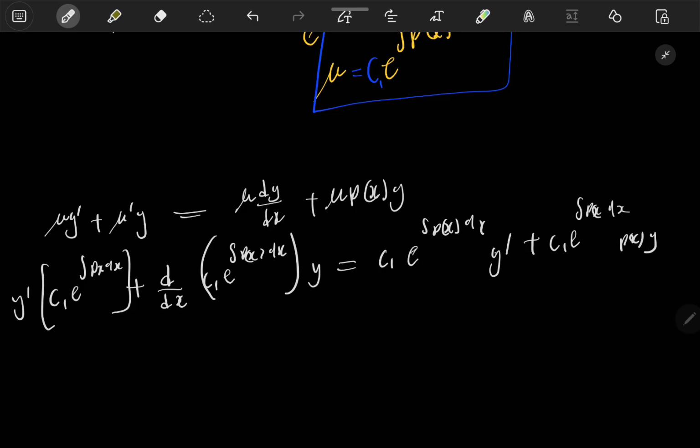But it's easy to notice here that you can factor out this; it's also here, it's also here, it's also here. So this is the main reason why we can ignore the fact that we were having c1 prime. To finish it up, if I factor out c1, you'll have d/dx of e to the integral.